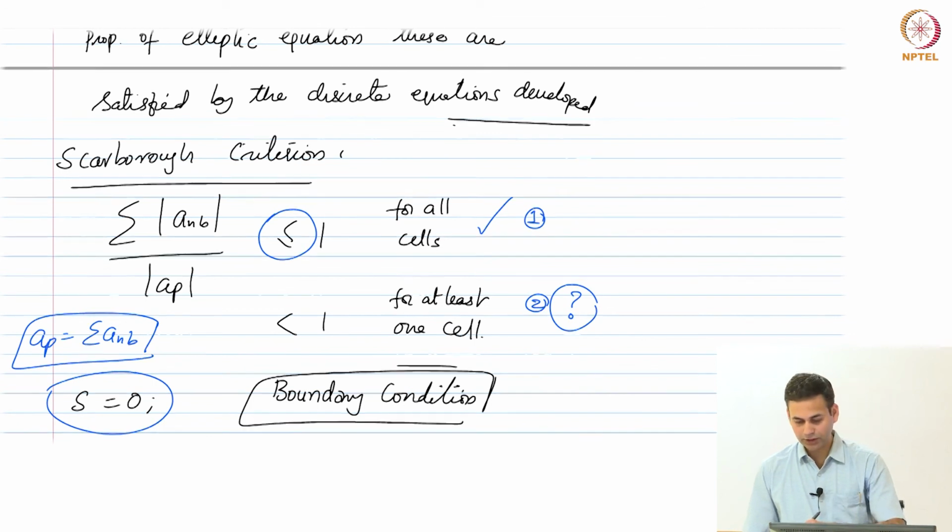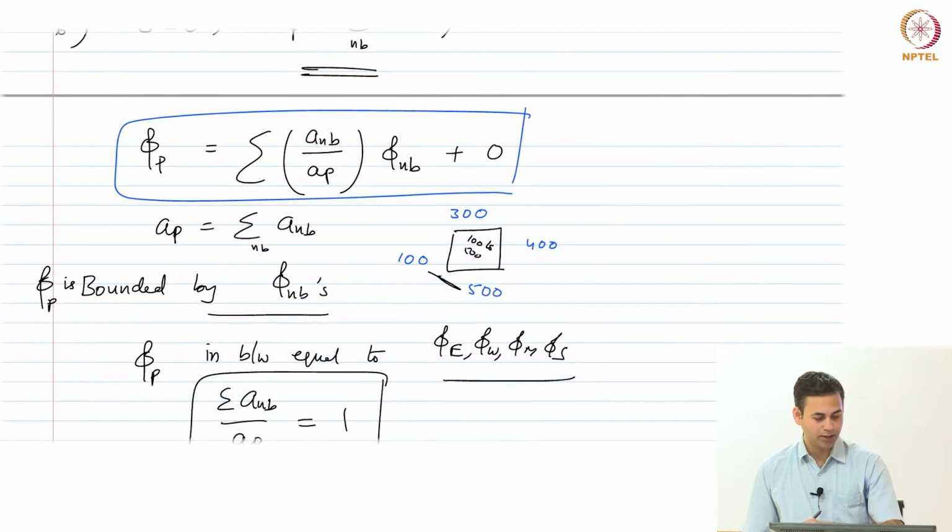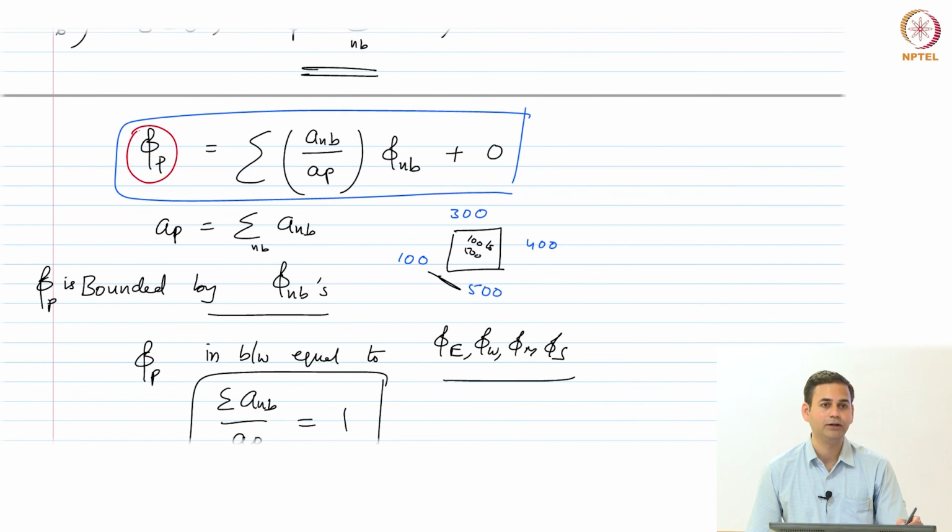Boundedness, okay. The question is to explain boundedness. So, take for example a few numbers. Essentially you have A and B's, choose some numbers and choose AP as the sum of all of them. These are all positive and AP is the summation of all the numbers. Now, what I am saying is the value of phi P that you are going to calculate from phi east, phi west, phi north, phi south would always be bounded by these neighbors, because the coefficients with which you are multiplying sum to 1, right, because sigma A and B by AP sums to 1.